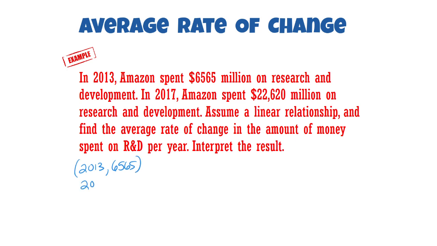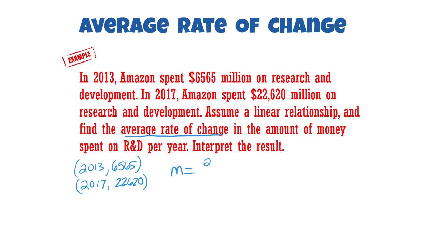And then we have a 2017 number, 22,620 million. And now let's do y minus y. So to find the average rate of change, that's just a fancy word for slope. Here I go.